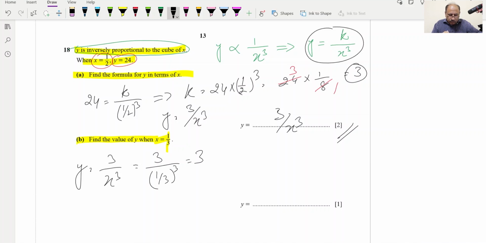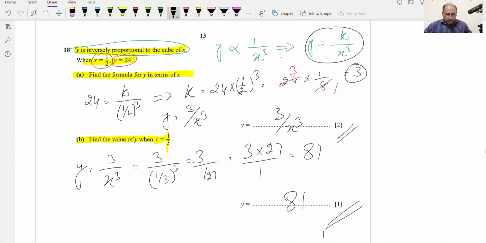This will be equal to 3 into 1 over 27, and by the fraction over fraction rule, it will be 3 into 27 over 1, which is equal to 81. So we can write 81. This is the 1 mark part which we have done.